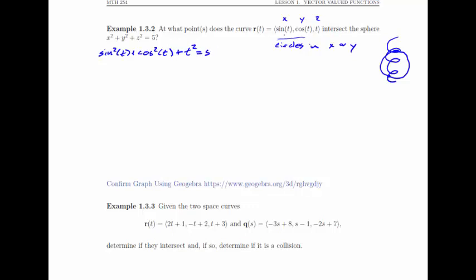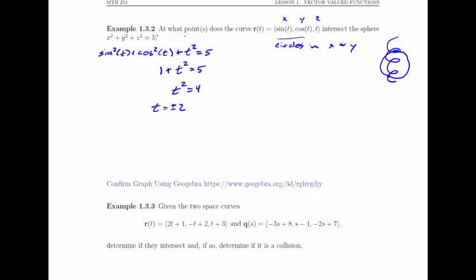I'm going to use the Pythagorean identity from trig that says sine squared plus cosine squared equals 1. And then I can solve for t here. T squared equals 4, so t equals plus or minus 2. So this is the t value in my vector valued function where the sphere and the spring intersect.